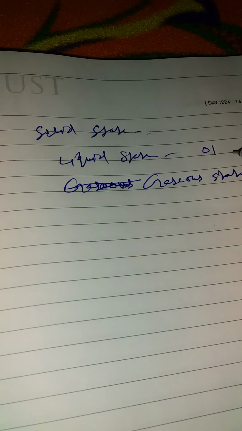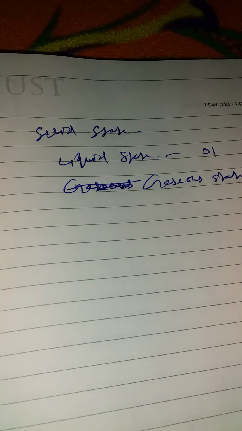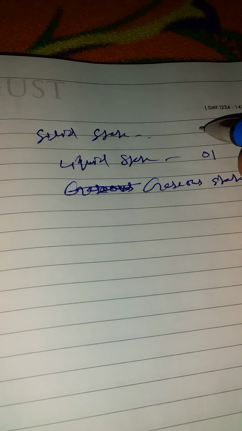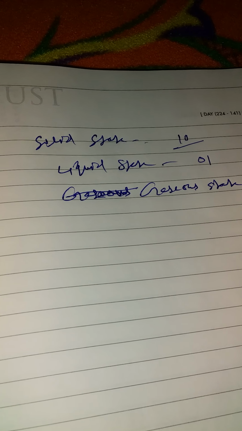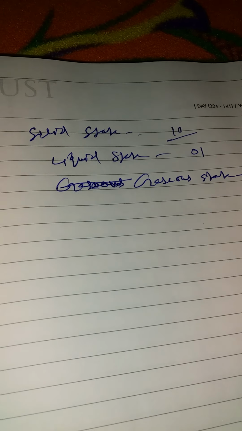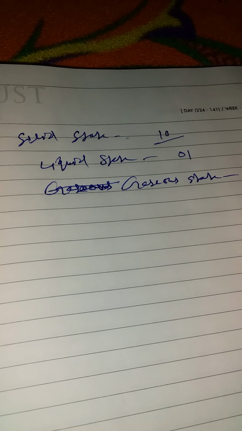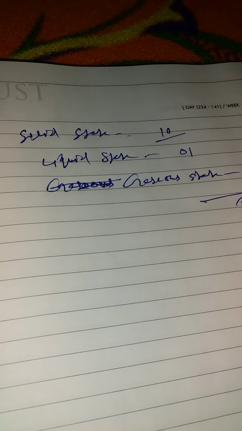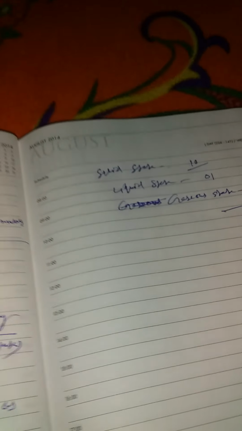Only one nonmetal, that is bromine, exists in liquid state, 10 exist in solid state, and 11 nonmetals exist in gaseous state. Total 22 naturally occurring nonmetals.